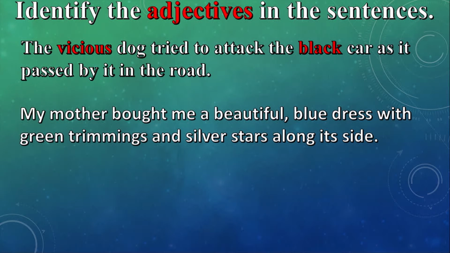So there are a few different nouns in there, a few different things that are going to be described. So we have the dress, so pay attention for adjectives that tell you more about that dress. The trimmings on the dress would be another set of things that you have to look for the adjectives describing, and the stars. So those are your 3 hints.